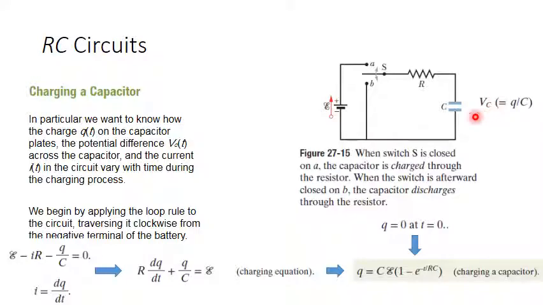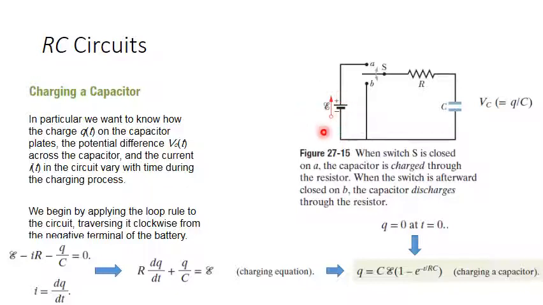Effectively, the potential difference on the capacitor equals the value of the charge on the capacitor Q over the capacitance of the capacitor C. So this actually is the instantaneous potential at the capacitor at any moment.